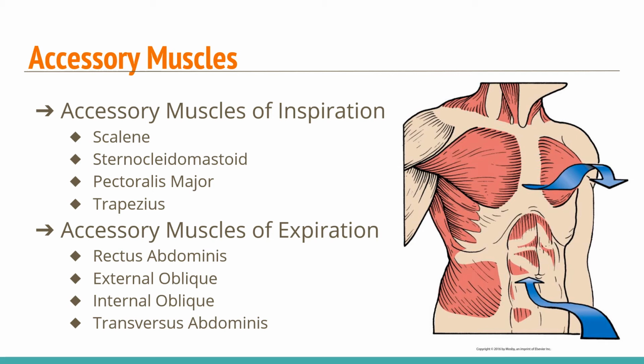So that might be a COPD patient, or possibly somebody that has had a diaphragm that has been damaged or paralyzed. So generally the inspiration ones are often used to help replace or assist the diaphragm.